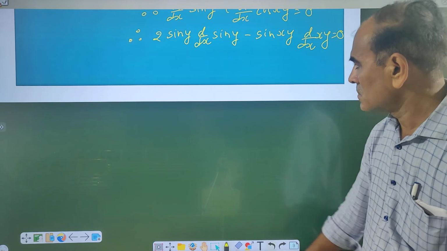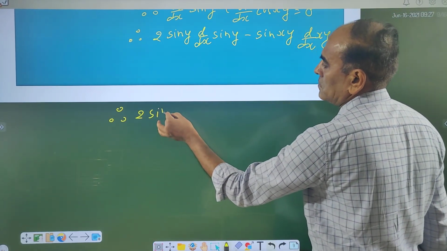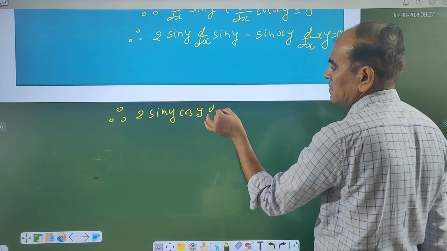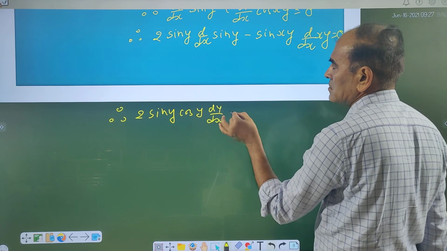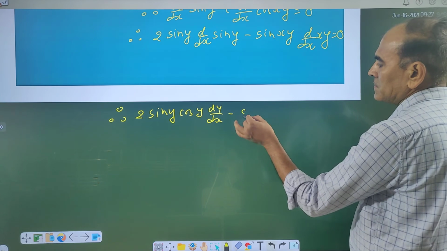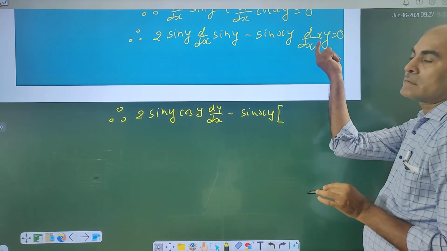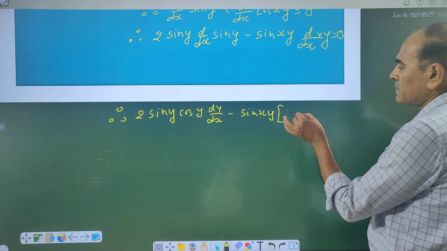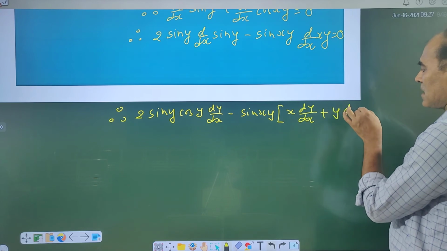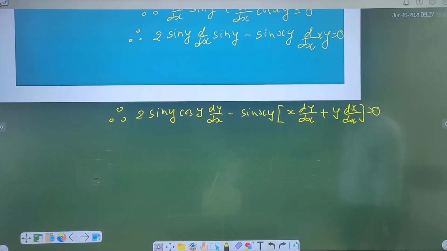Now see, therefore 2 sine y cos y d by dx of y, minus sine xy. Here the product is given, xy, so apply the product rule: x into dy by dx plus y into d by dx of x, equal to 0.